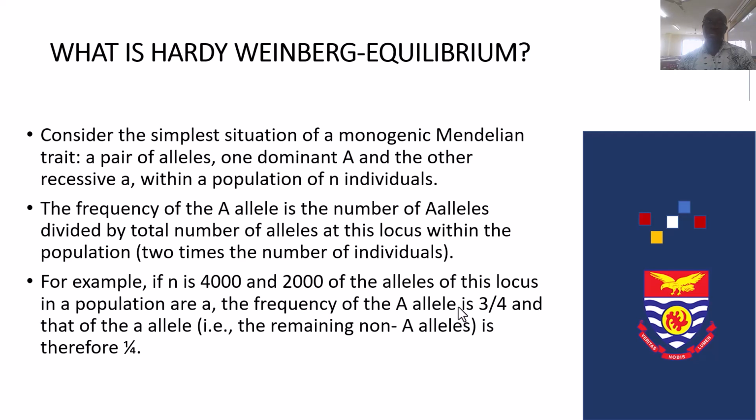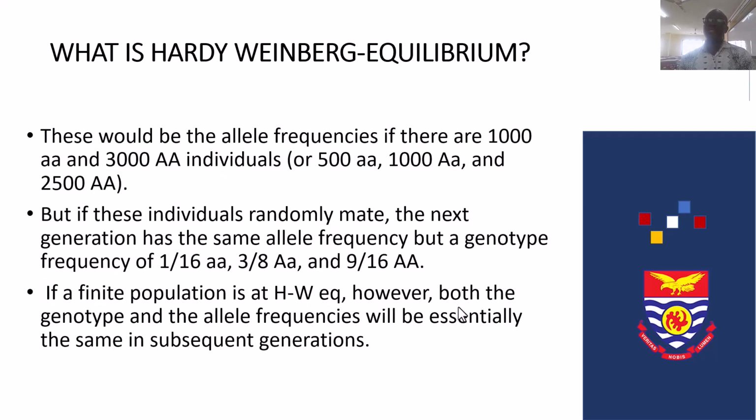For example, if n is 4,000 and 2,000 of the alleles of this locus in a population are recessive a, the frequency of the dominant A allele is 3/4, and that of the recessive allele, that is, the remaining non-A allele, is therefore 1/4.